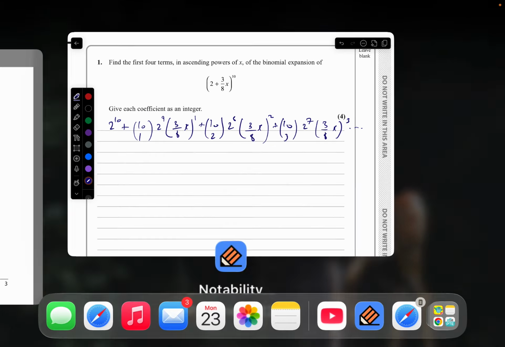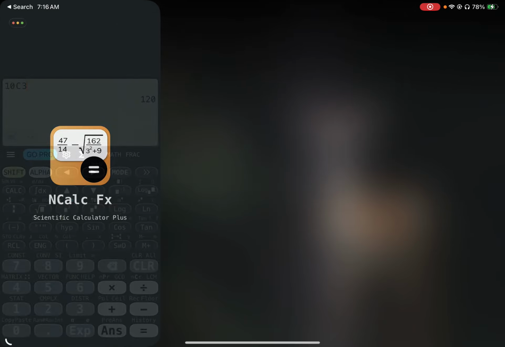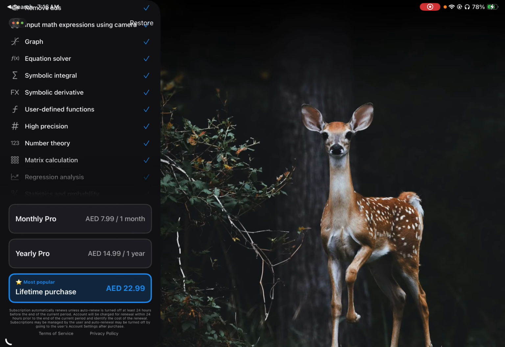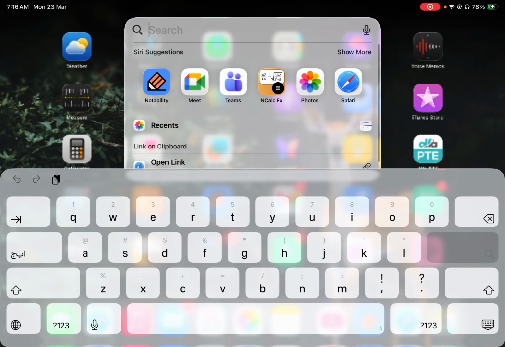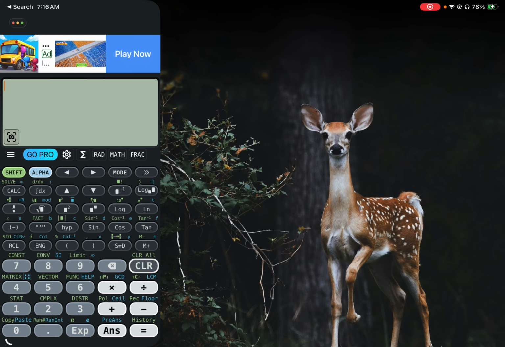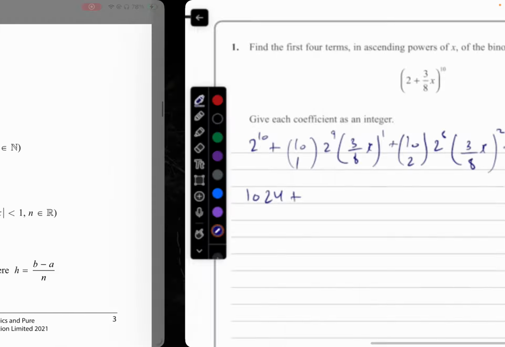Now 2 to the power of 10. I'll quickly show you through the calculator. So we have 2 to the power of 10, which gives us 1024, then plus. Now how will you use this?